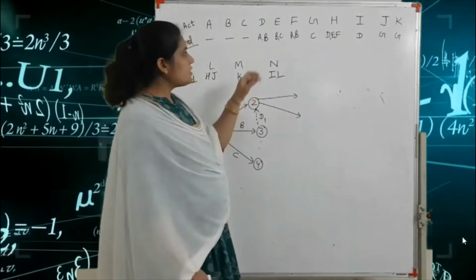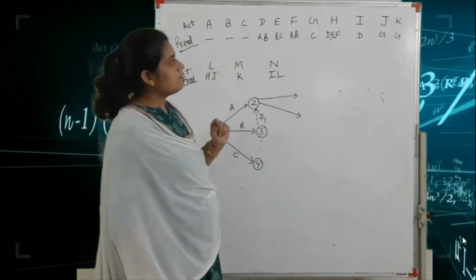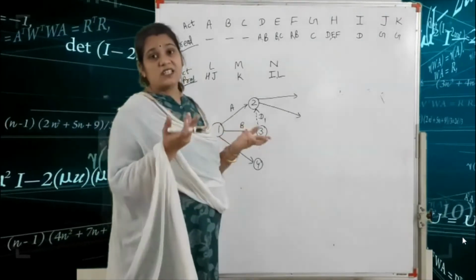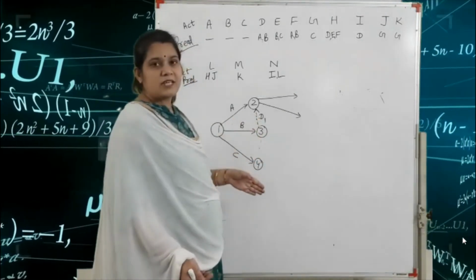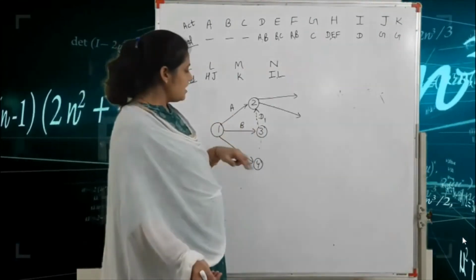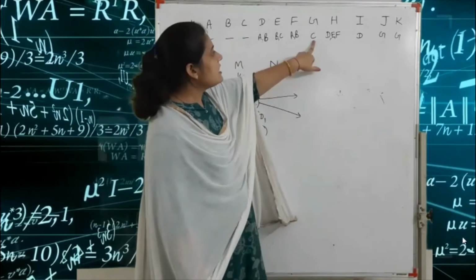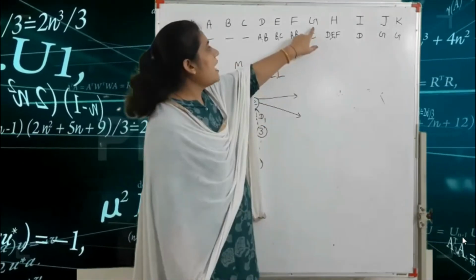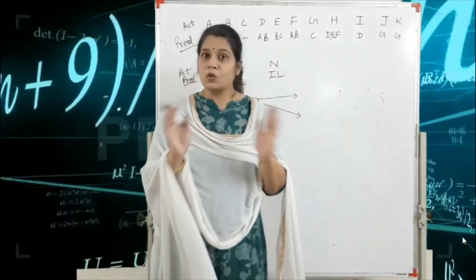Got it? First we draw that when B and C are completed, then we start the D activity. Again our question is: is the arrow C to B or B to C? There is again confusion, so again check the next activity according to B and C. Here, when C activity is completed, then the G activity starts. That means C activity is alone completed.